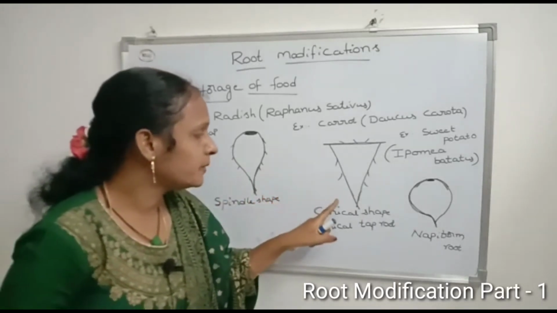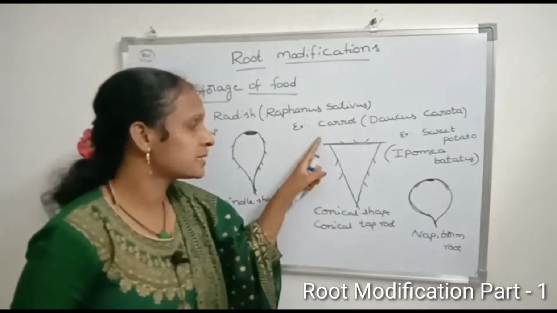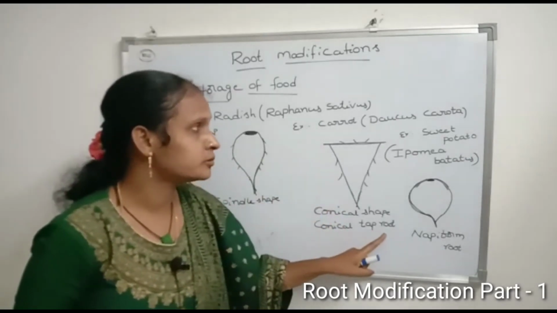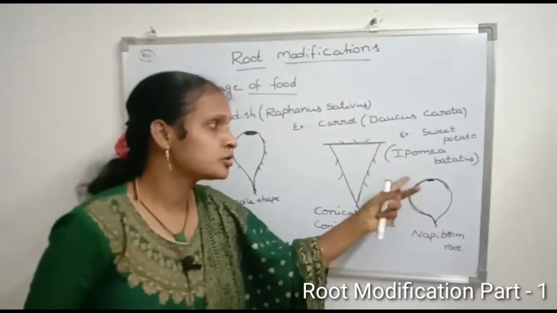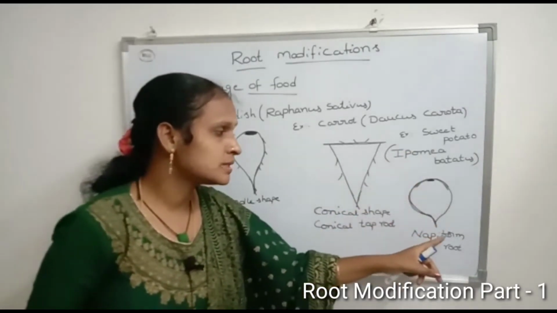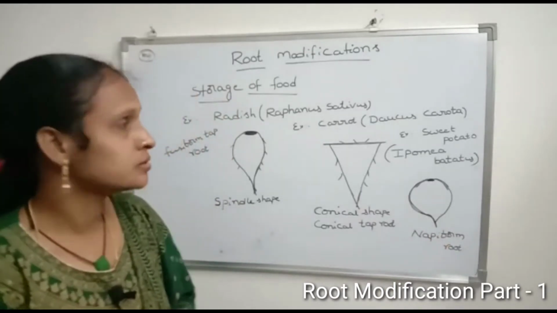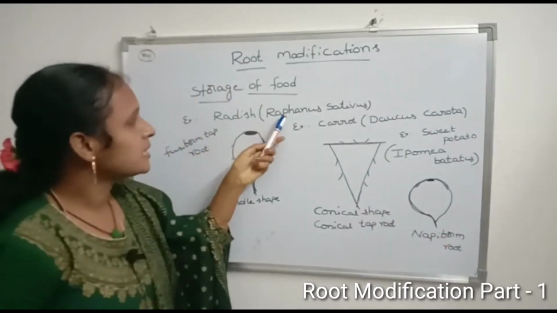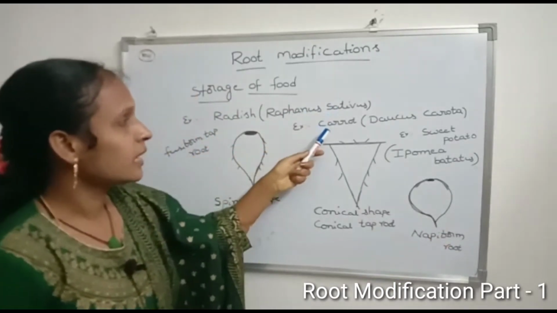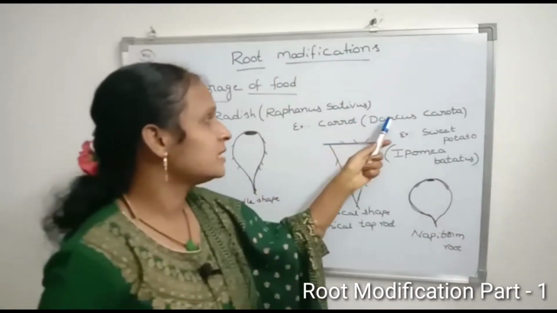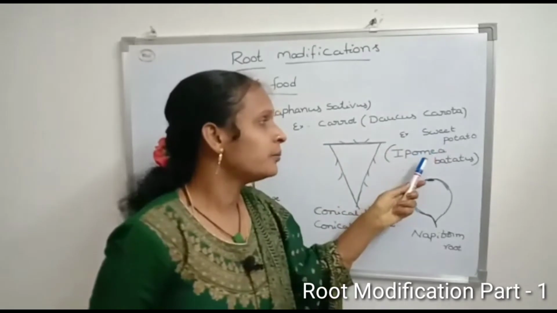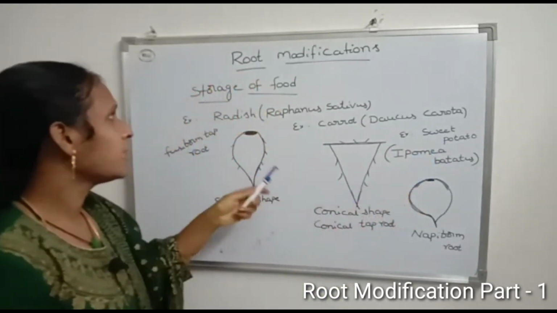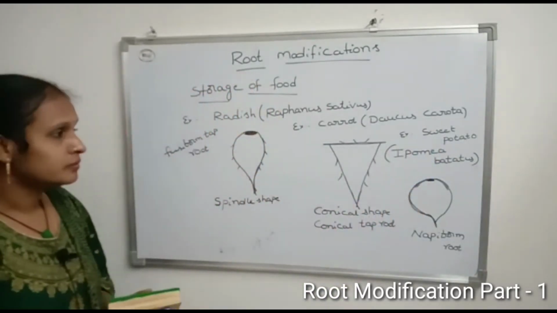The carrot appears conical in shape; this type is called a conical taproot. In sweet potato, the middle is extraordinarily swollen due to storage of food; this root is called a napiform root. The scientific names are Raphanus sativus for radish, Daucus carota for carrot, and Ipomoea batatas for sweet potato.